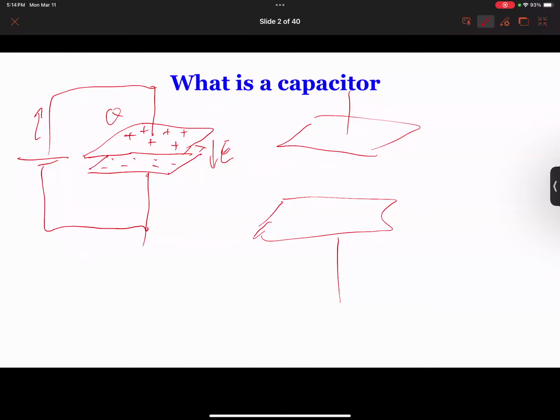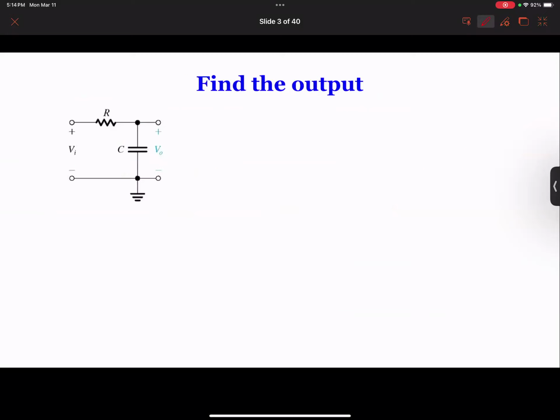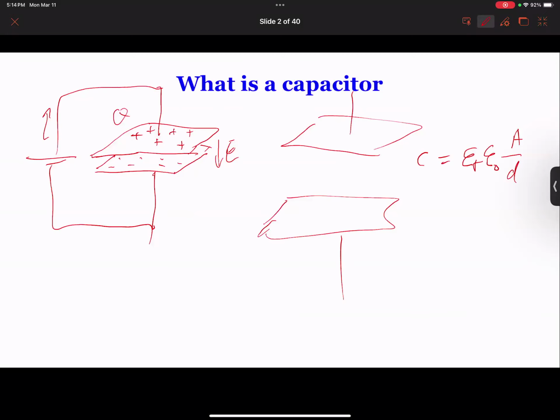The capacitance calculation is very simple. It's C = epsilon R times epsilon 0, times A divided by D, where D is the distance and A is the area. Epsilon 0 is the permittivity of air, and epsilon R is the relative permittivity of the media.